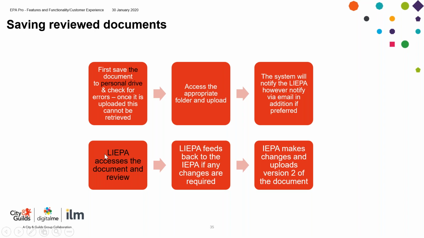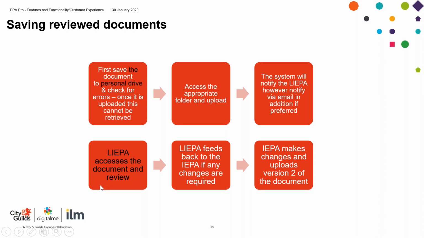Okay, I'm going to carry on, being mindful of time. So just to review, first the IEPA needs to save a document on their personal drive and check for errors, and that saving needs to be done with that file naming convention. They access the appropriate folder, they upload the evidence, and the IEPA will hopefully receive a notification, but not too many, and we'll look into that.